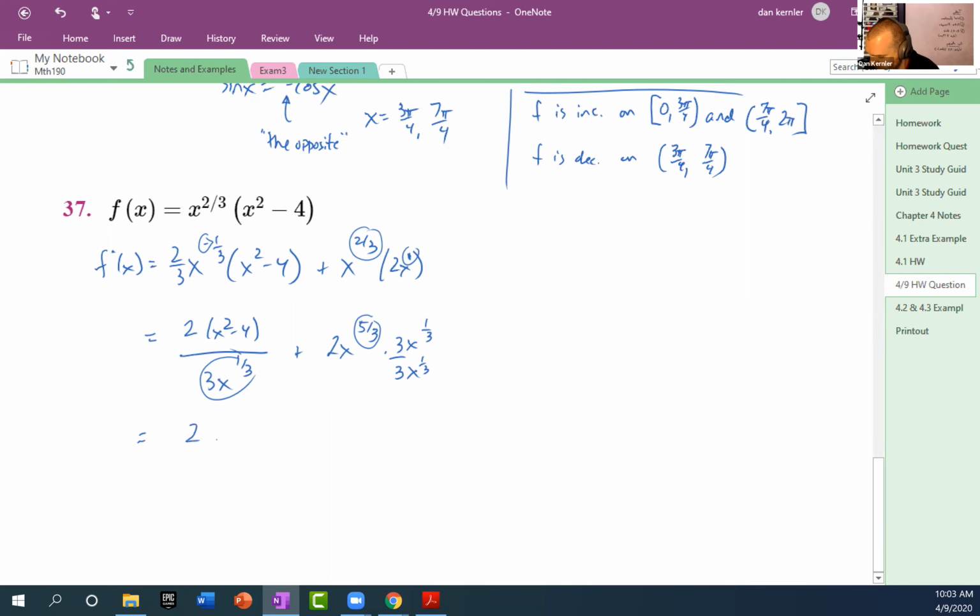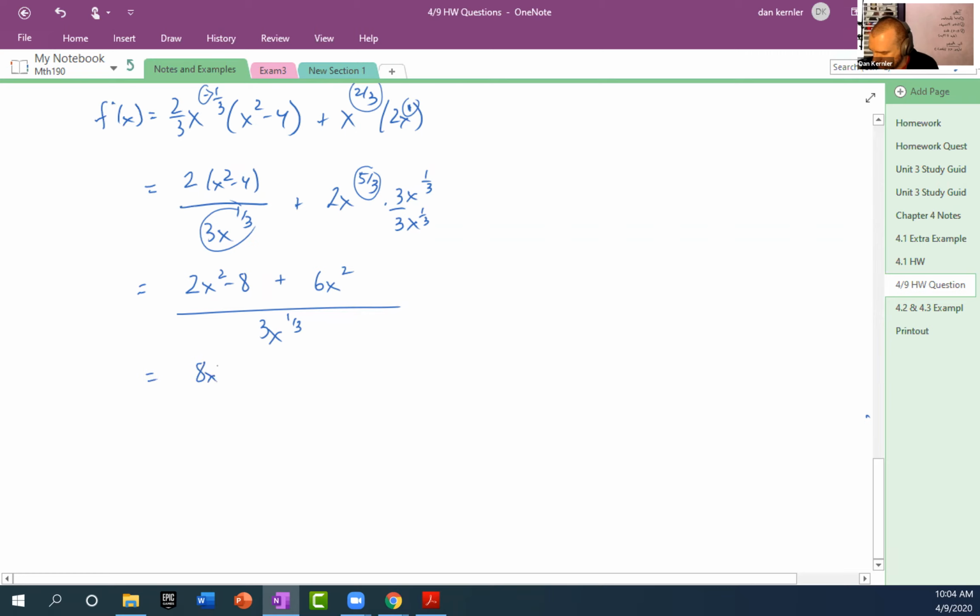I'm going to write this as 2x squared minus 8, if that's okay, and then plus 3x to the 1/3. They're both over 3x to the 1/3, and the other one becomes 6x squared, because you have x to the 5/3 and x to the 1/3, and you add them together, you get x to the 6/3, which is x squared. Maybe not as bad as I thought.